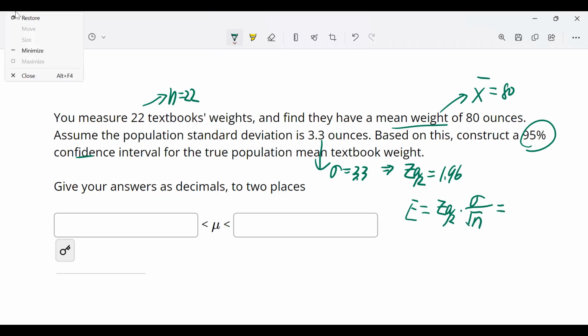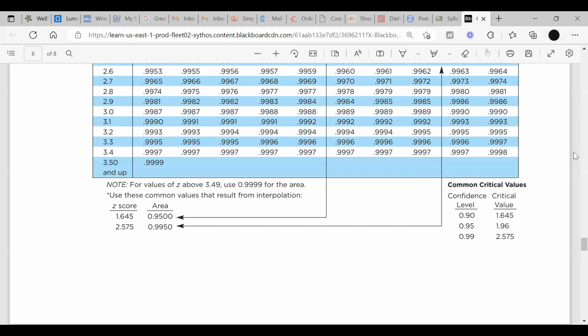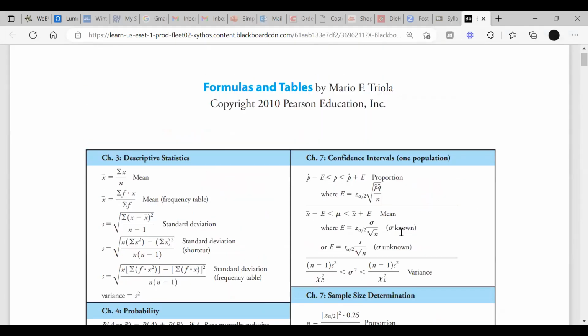We go back to the formula sheet really quickly. It's right here, we could go up a little bit, and that's the formula.